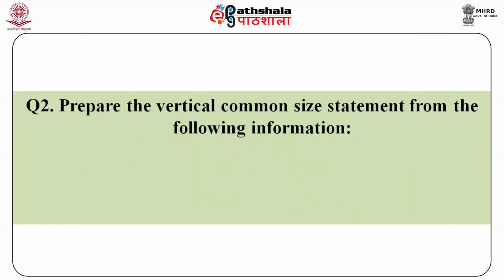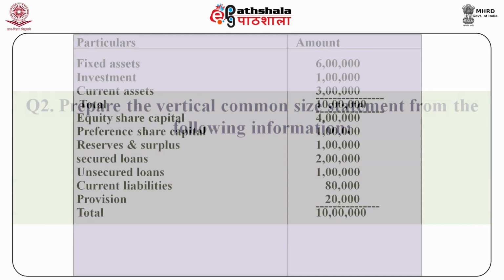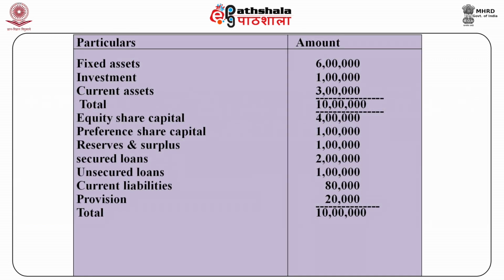Now we take another problem to prepare the vertical common size statement from the following information. We have fixed assets, investments and current assets as 6 lakh for fixed assets, and investments 1 lakh, and current assets of 3 lakh, making a total of 10 lakh of assets.